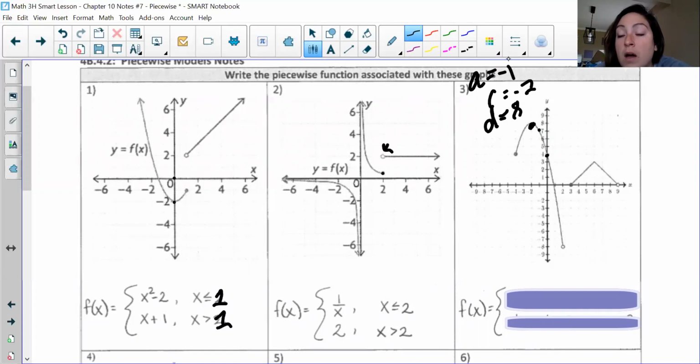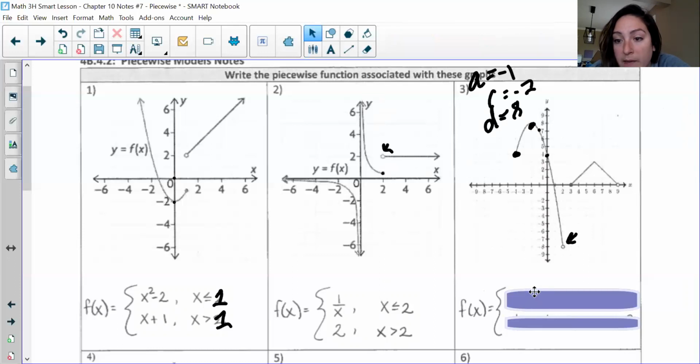So as long as our domain is between -4 inclusive and 2 non-inclusive, because the open circle, so -4 is less than or equal to x, which is less than 2. We end up getting that quadratic with the a value -1.